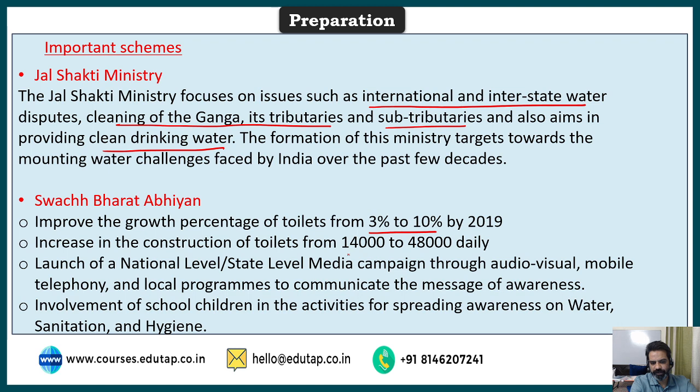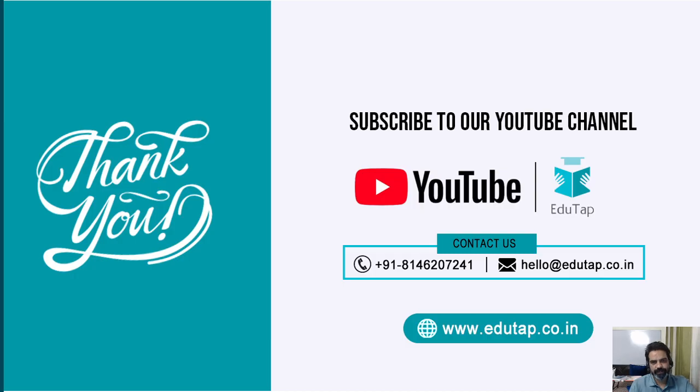Increasing construction of toilets from 14,000 to 48,000 daily. Launch of national level audiovisual mobile telephony programs and involvement of school children in activities for spreading awareness on water sanitization and hygiene. So you should know the basics of these schemes, and that was a display of what you should know before you walk into that exam.